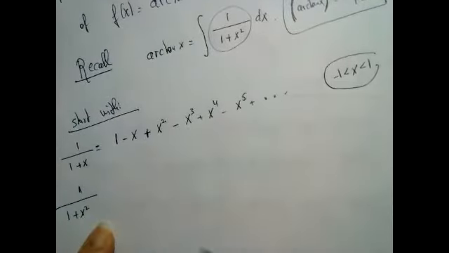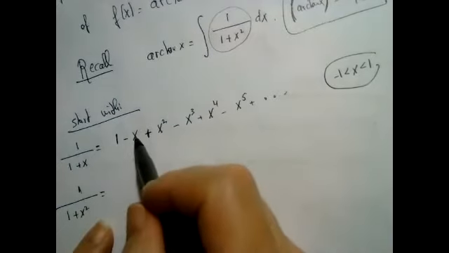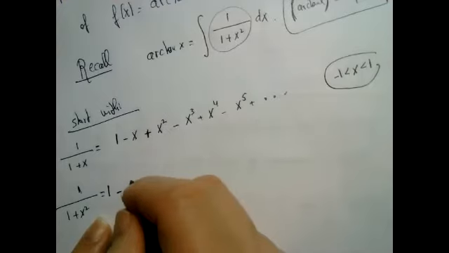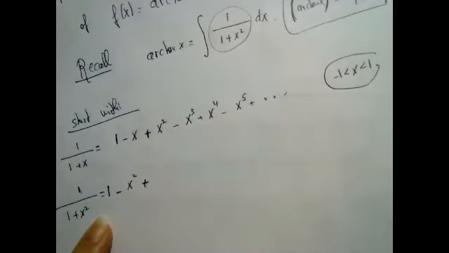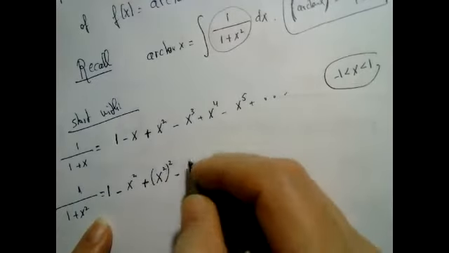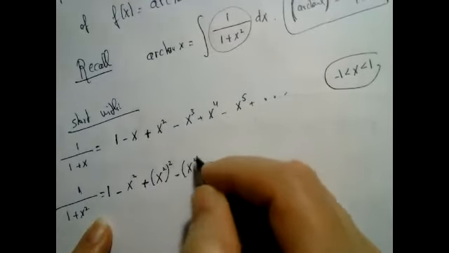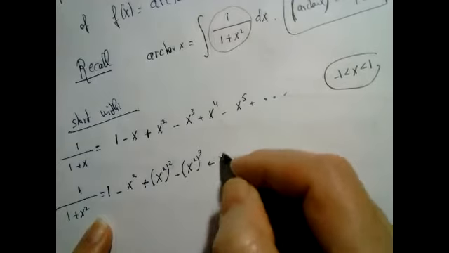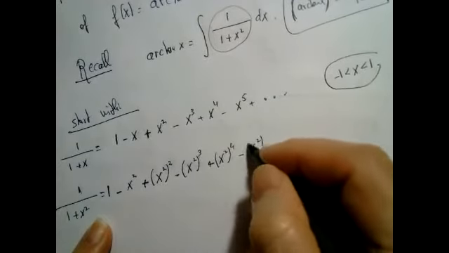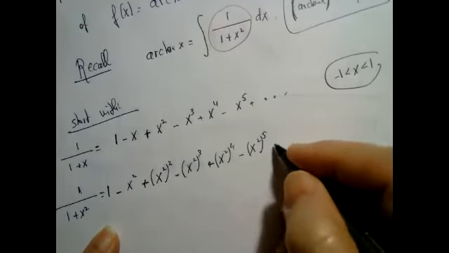Now 1 over 1 plus x squared is equal to, I'm going to substitute x squared for x here: 1 minus x squared plus x squared squared, x squared to the power 3, x squared to the power 4, x squared to the power 5, and so on and so forth.